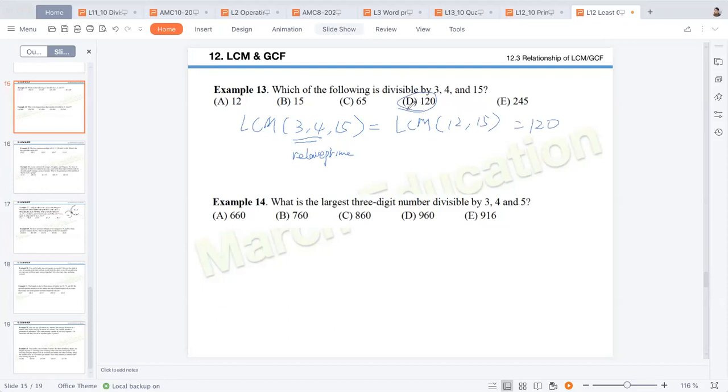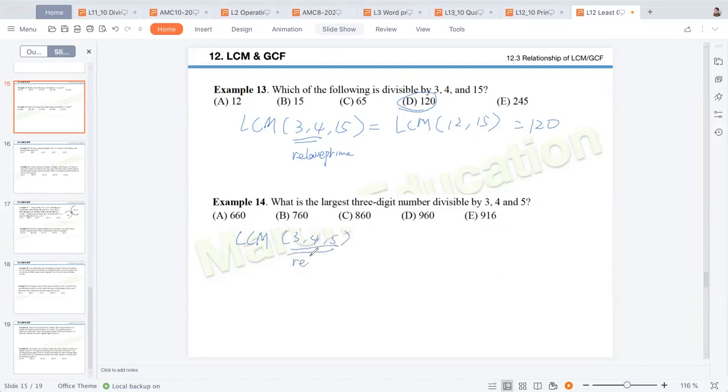How about the next question? They want to find the largest 3-digit number divisible by, they want the largest number. So yeah, we can use this method. Firstly, I find the LCM of these 3 numbers, 3, 4, 5.